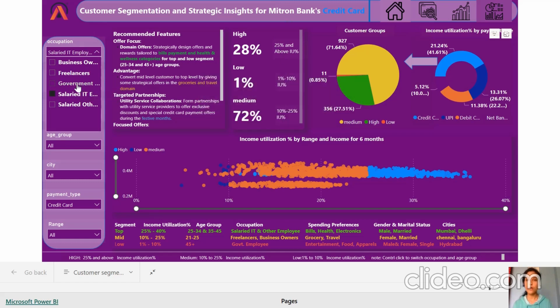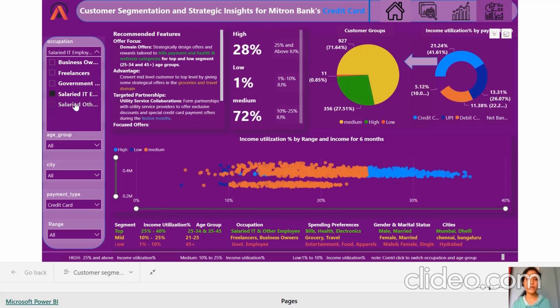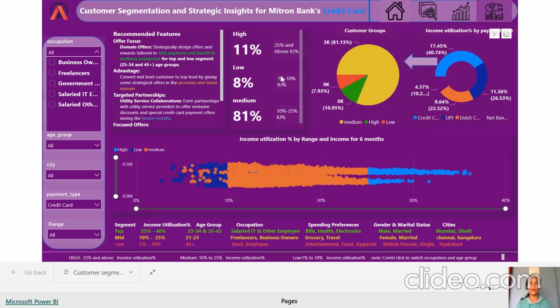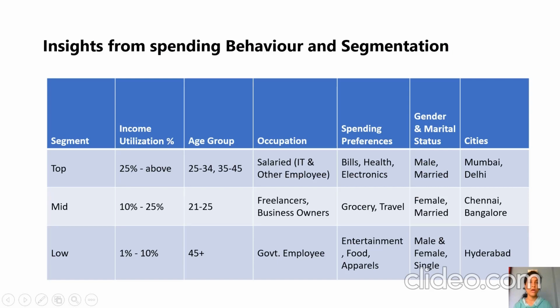If I consider government, there are no customers who belong to the top level. It is the same for salaried other employees. Here the percentage shows how many customers are in high, mid and low. This is the table of segmentation. Top, mid and low are what I explained previously.